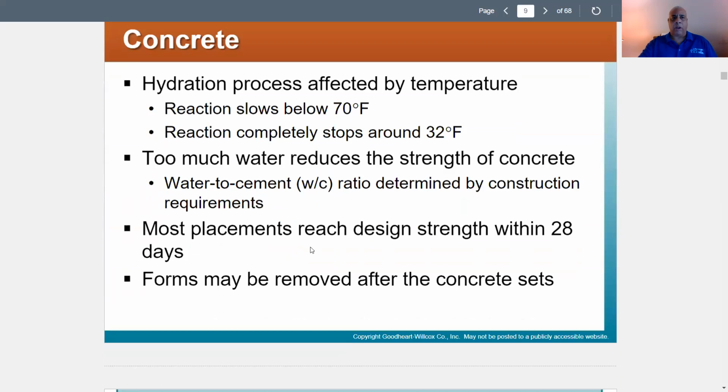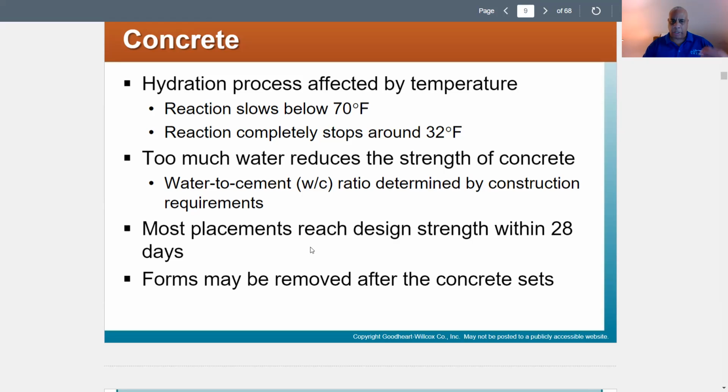Now, when it comes to the hydration process, it's affected by temperature. Reaction slows when the temperature is below 70 degrees Fahrenheit, and reaction completely stops around 32 degrees Fahrenheit. Why? Because at 32 degrees Fahrenheit and 0 degrees Celsius, that's when everything freezes. Now, too much water reduces the strength of concrete.